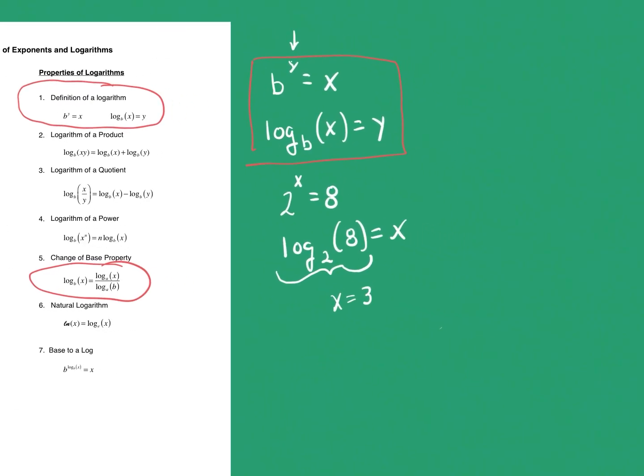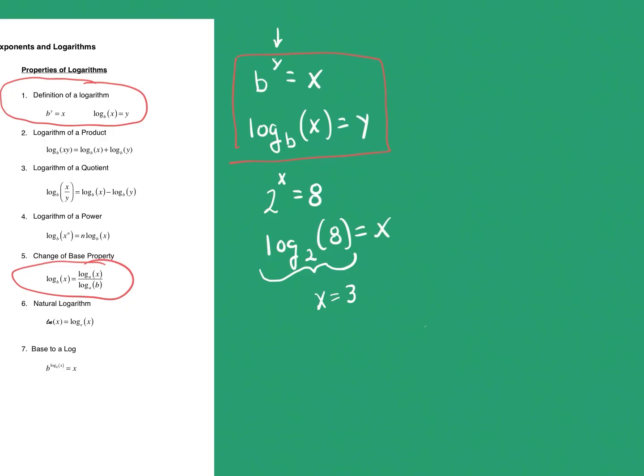So let's do that one more time just to get used to it. Let's use b, because we always like to use b as our base. But let's switch it up. Let's say b to the x this time equals y. If we rewrite this as a logarithm, it would be log base b of y equals x. So I'm mixing up my x's and y's on you.